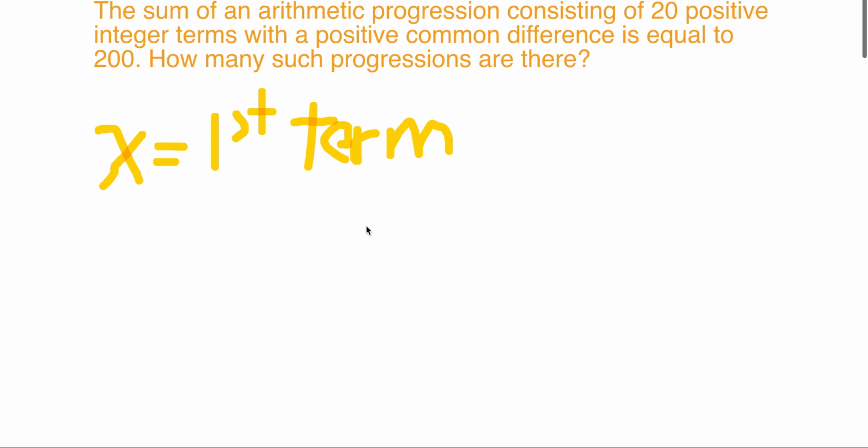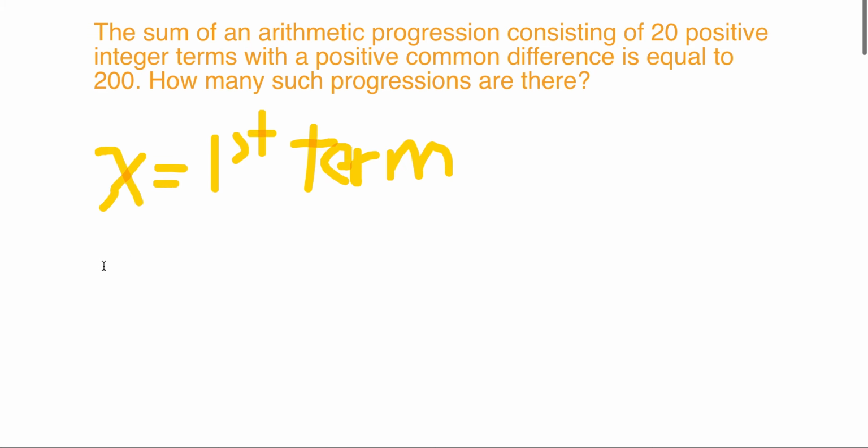Therefore, our sequence would be x, that's the first number, and the next number would be, in brackets, x plus n times 1. What is n? n is our increment, or the number that we're increasing by.